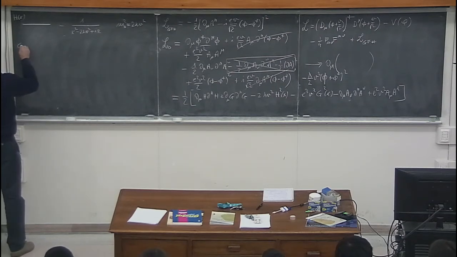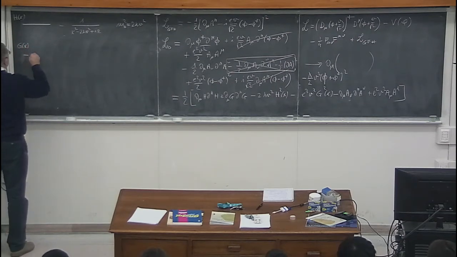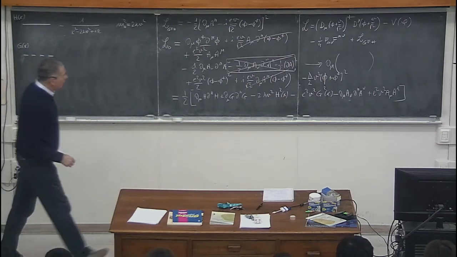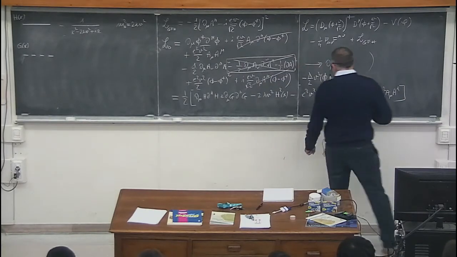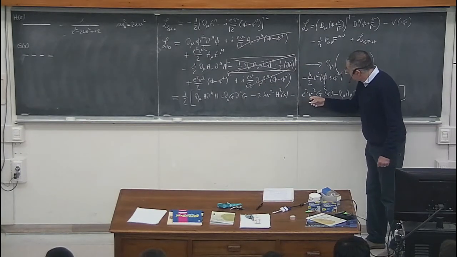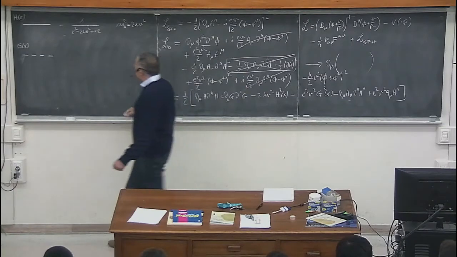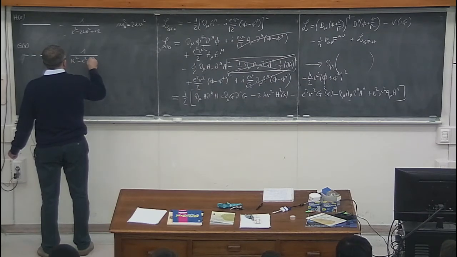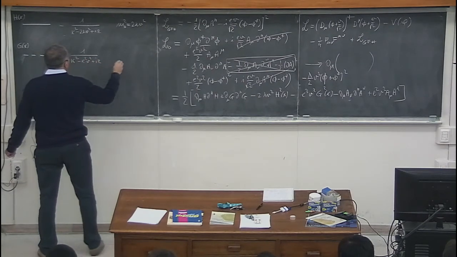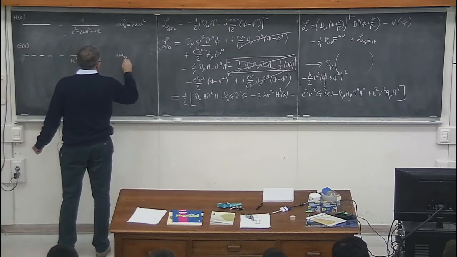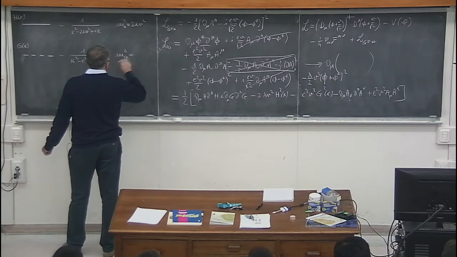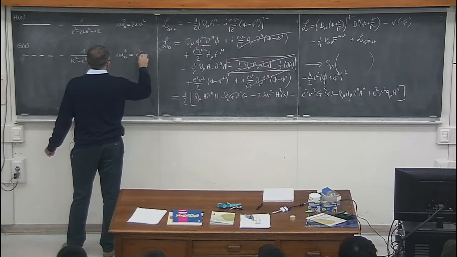Then let me use a dashed line for the Goldstone field. The Goldstone field is a real scalar massive field with mass e square v square. So the corresponding propagator is minus 1 over k square minus e square v square plus I epsilon, which means that with this gauge fixing, the mass of the Goldstone boson is e square v square.